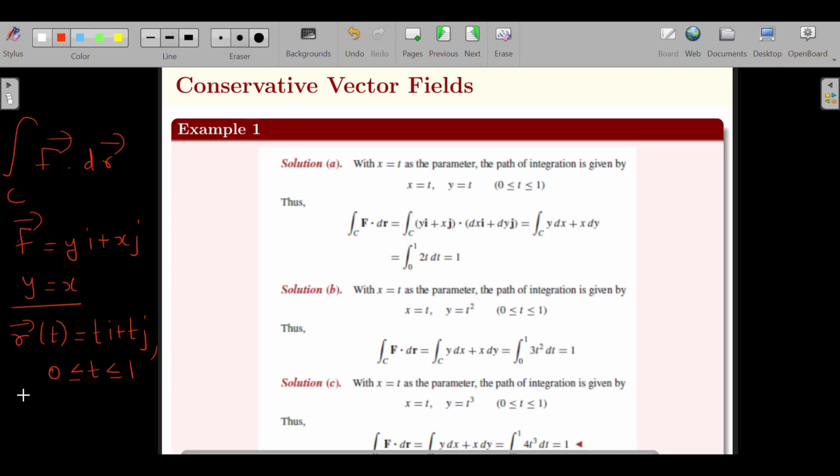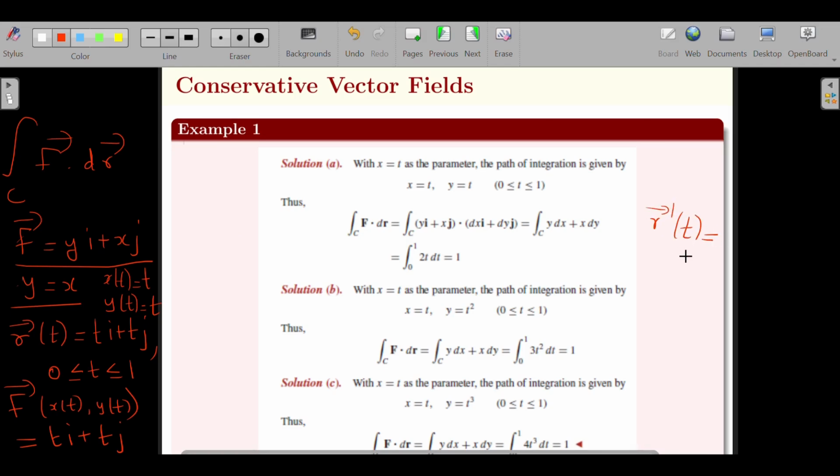Now we have to compute F of r of t, that is F of x of t, y of t. Here x of t is equal to t and y of t is equal to t. So F of x of t, y of t will be ti plus tj. Now to calculate the work done, we have to compute r dash of t.